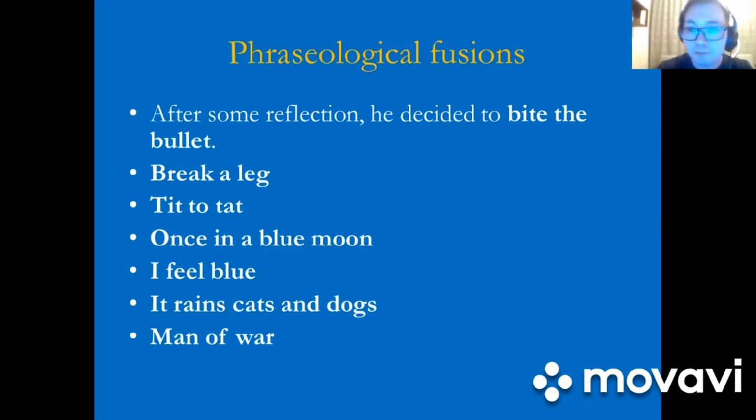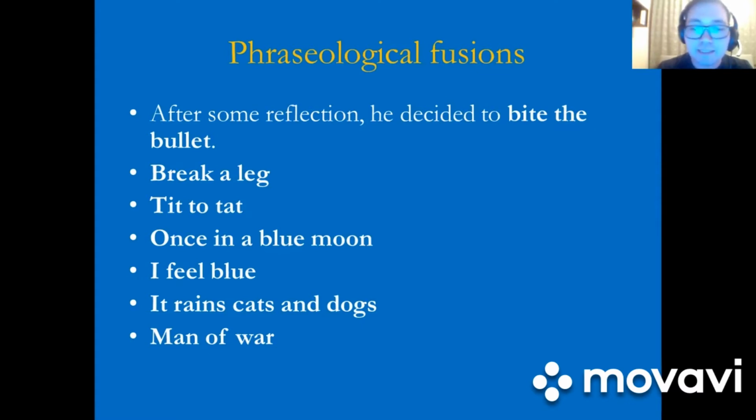Or I feel blue means I'm sad, I don't feel well. So the word blue actually conveys sadness, but from the point of view of the Russian language, it's quite illogical. We cannot see any logic between the color blue and the feeling of sadness.